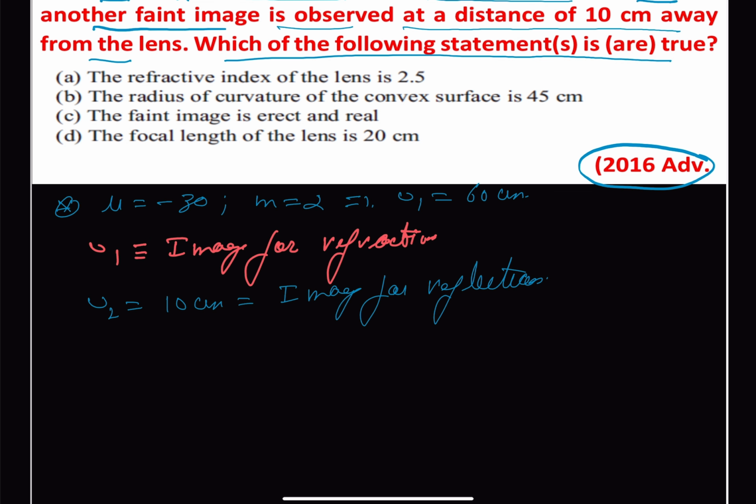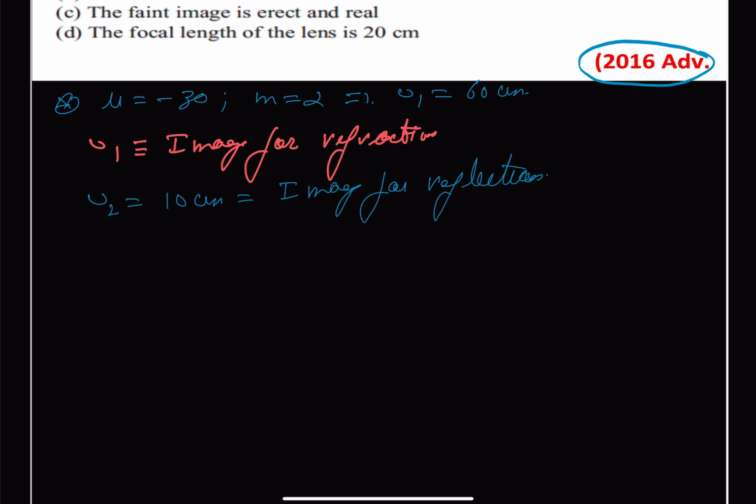Here we are going to use two formulas. One is the lens as well as mirror formula, and the other is the lens maker formula for focal length. So first we are going to use the lens formula, which states that 1 upon f1 is equal to 1 upon v1 minus 1 upon u.